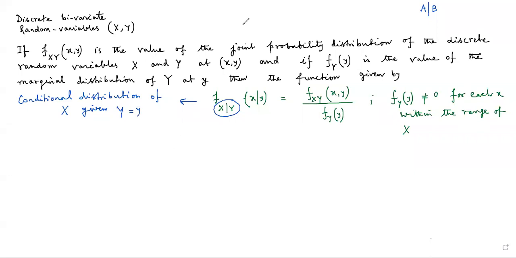And what are these symbols? The symbols are very important. If you are not comfortable with these symbols, you may face some problem while solving this type of problems in probability theory. Whenever I discuss joint probabilities like this, f of xy, this represents the joint probability function.